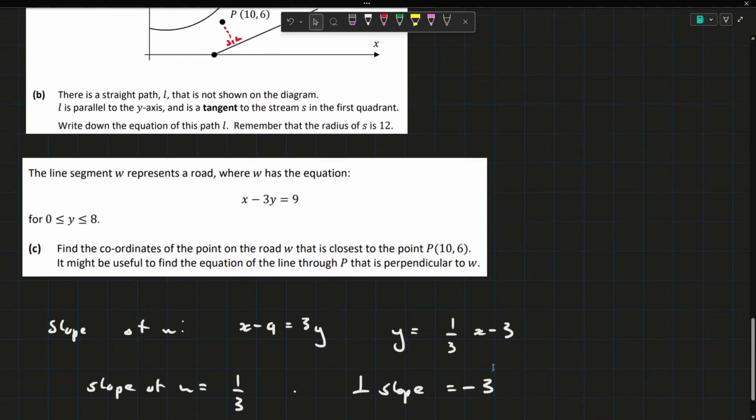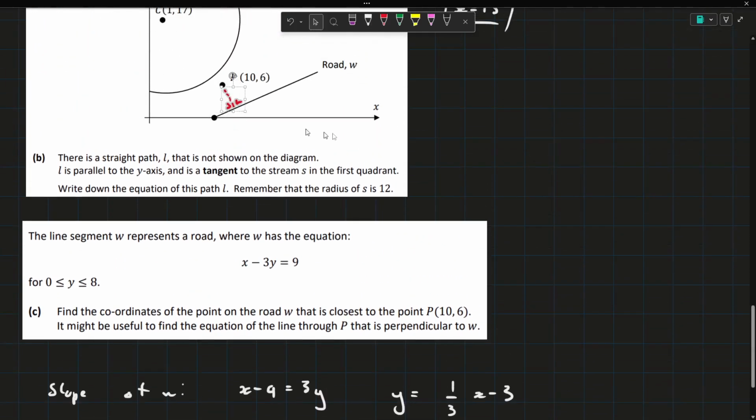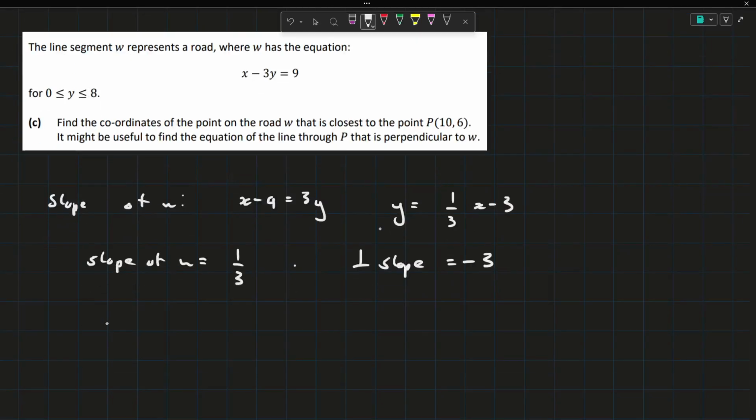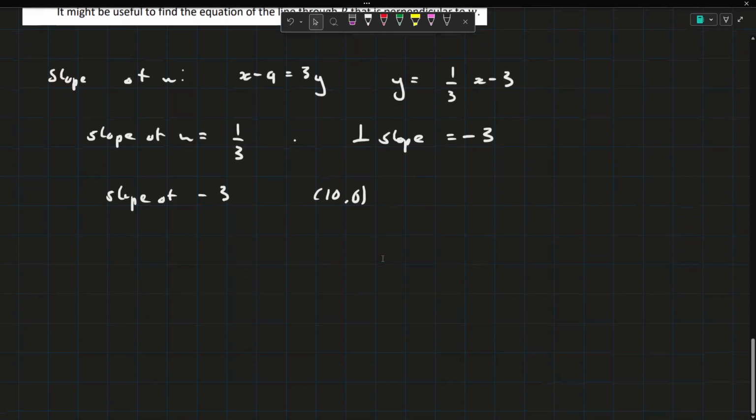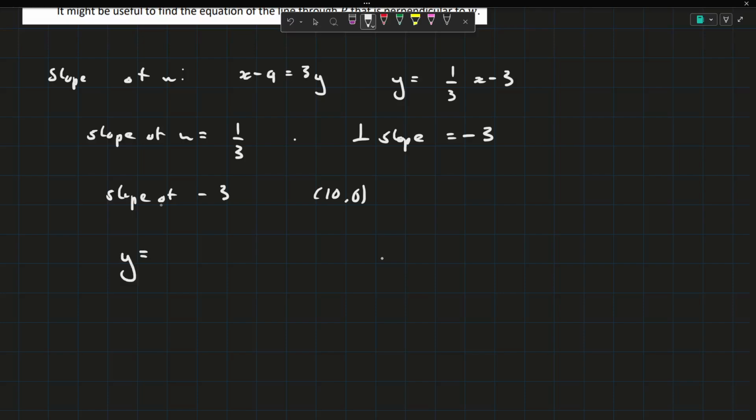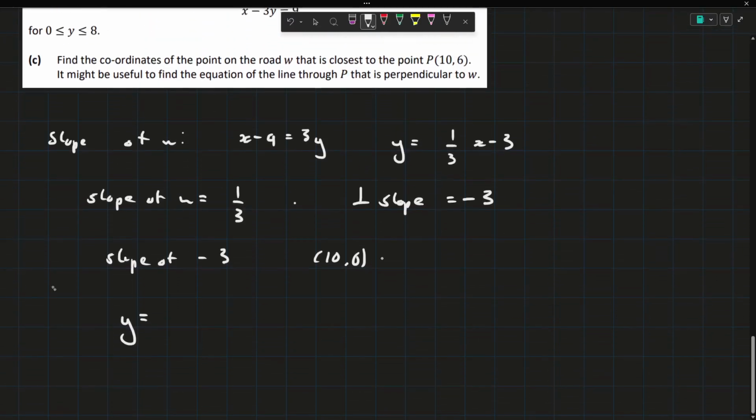So basically, we know that the equation of this dotted red line will have a slope of minus 3, and the point is (10, 6), because we know that it goes through P and is perpendicular to W. So equation of a line, this is the perpendicular line, I suppose. So we'll have y equals mx plus c.